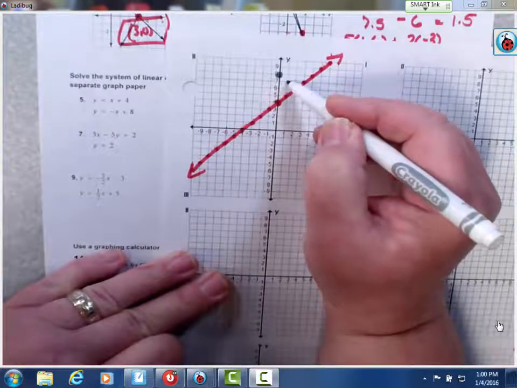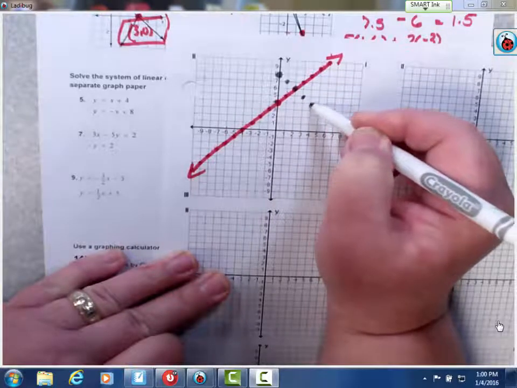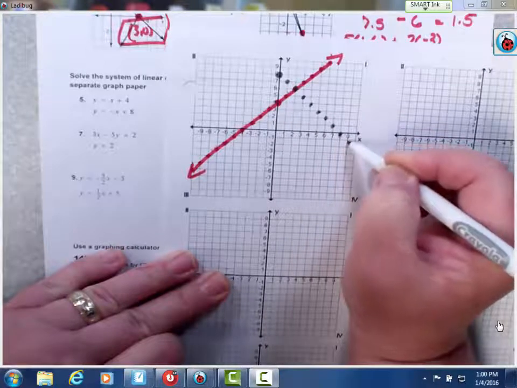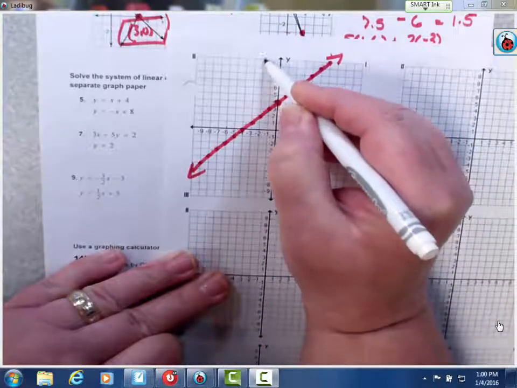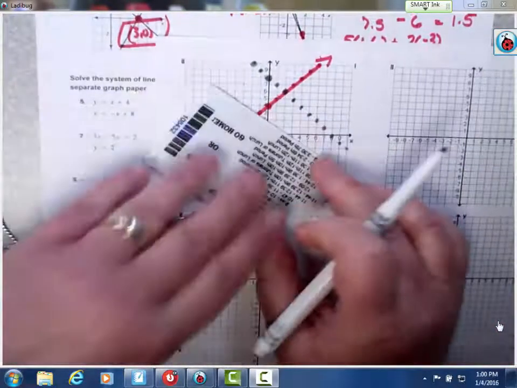So down 1 and to the right 1. Or up 1 and to the left 1. Second line.